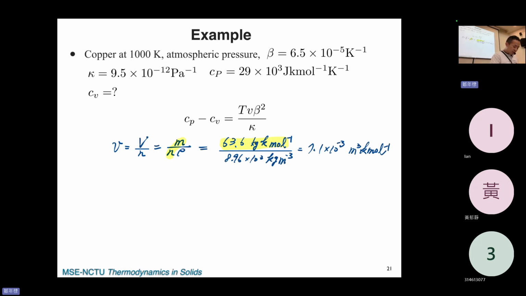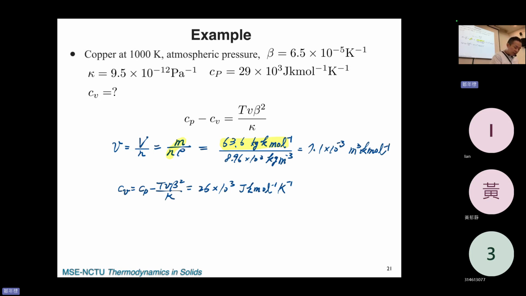So you have V here, so CV equals CP minus TV beta squared over kappa, so 26 times 10 to the 3 joule per K per mole. Okay, so this is the final result.